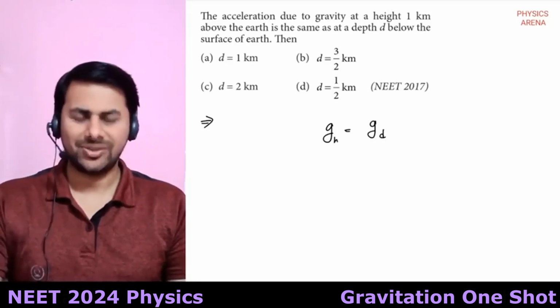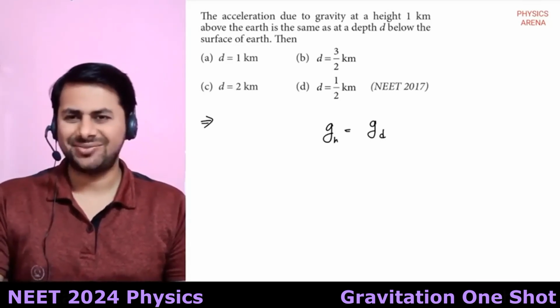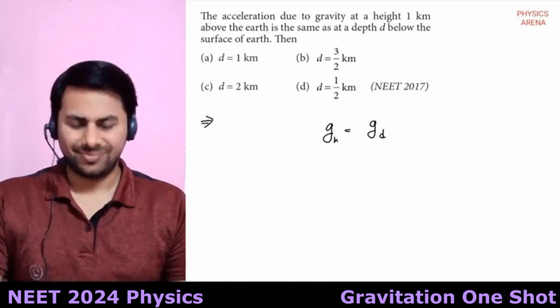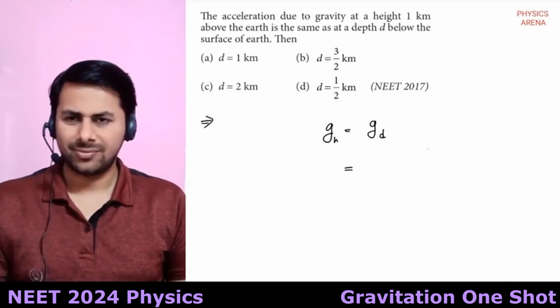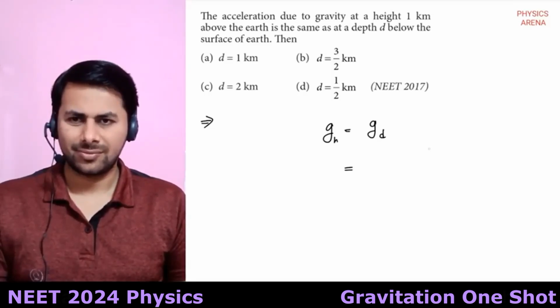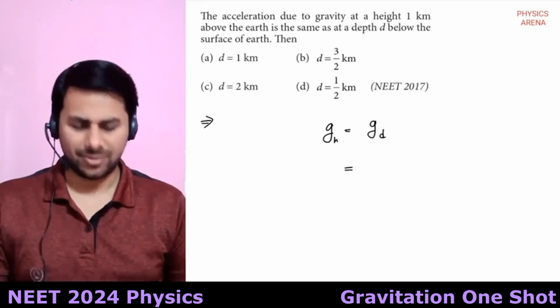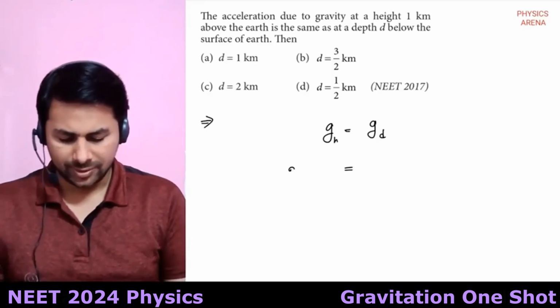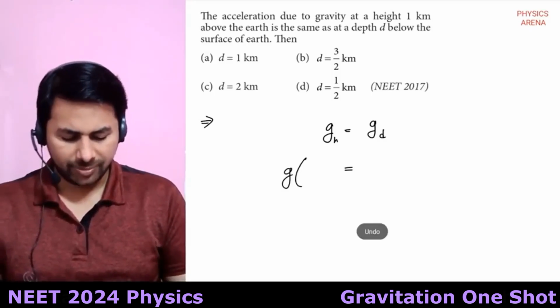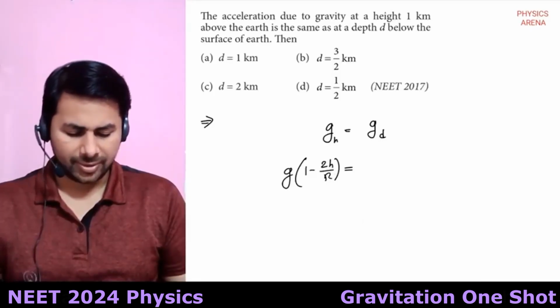What is gh and what would be gd? In this case, you will use this formula: g times 1 minus 2h upon r.